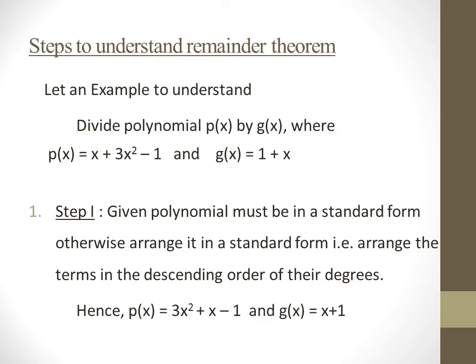Write these terms in the descending order of their degrees. So p of x would be written as 3x square plus x minus 1, and g of x is written as x plus 1, because the degree of x is 1 whereas the degree of 1 is 0. So in the first step we have to write both these polynomials in the descending order of their degrees.